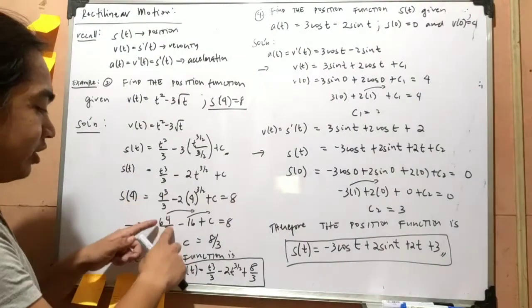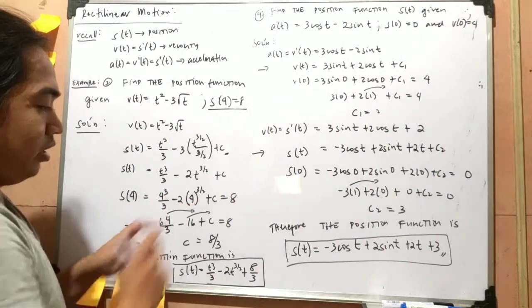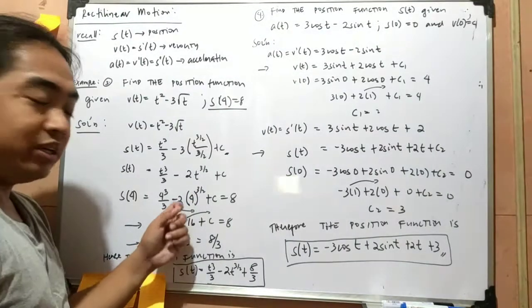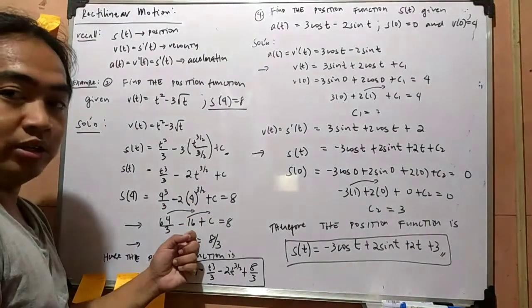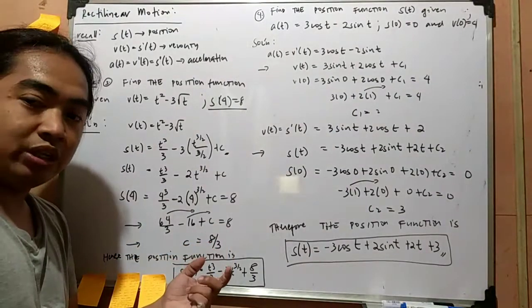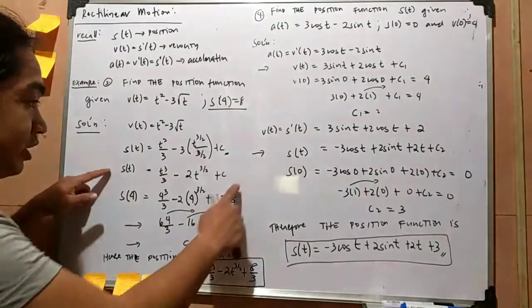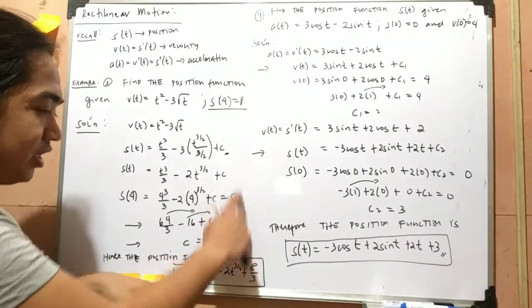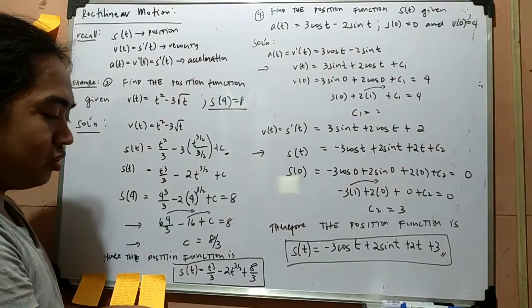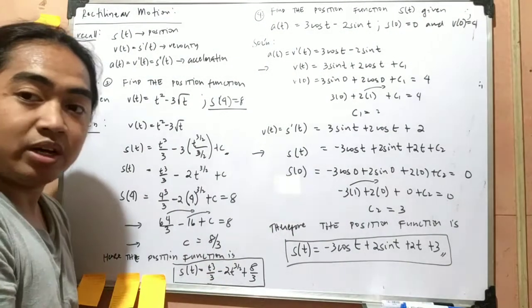So doing this is 64 over 3 minus, ang ibig sabihin ng 3 halves, no, square root muna natin. So we'll get 8 times 2 is 16. Tapos lipat na lang natin sa kabila, we'll get c equals 8 over 3. So that the position function is this, pero palitan lang natin ng c na 8 over 3. So we have s of t equals t cubed over 3 minus 2t raised to 3 halves plus 8 over 3.